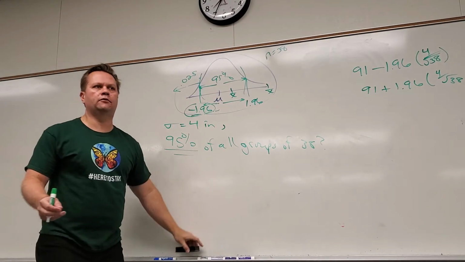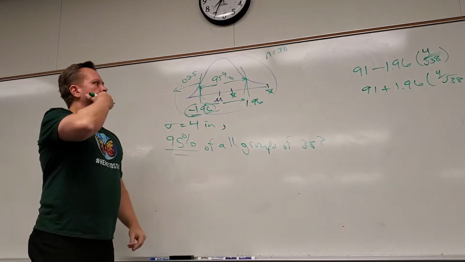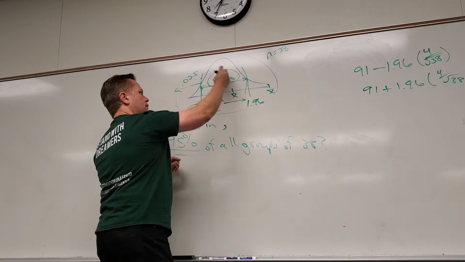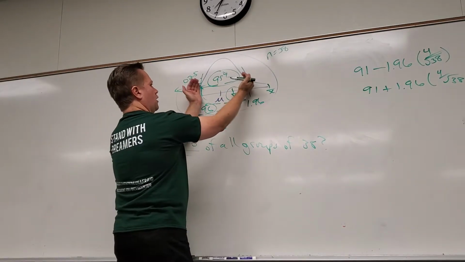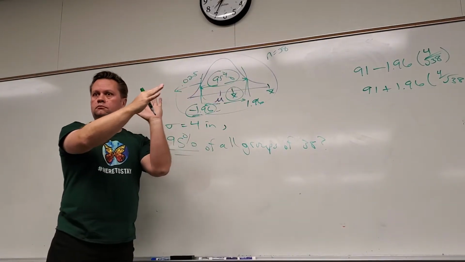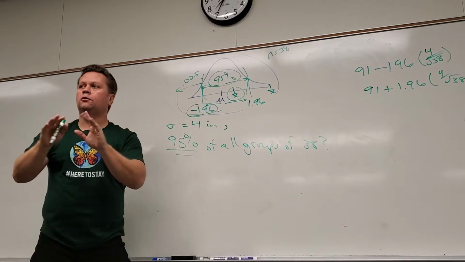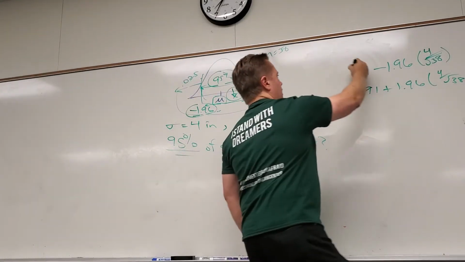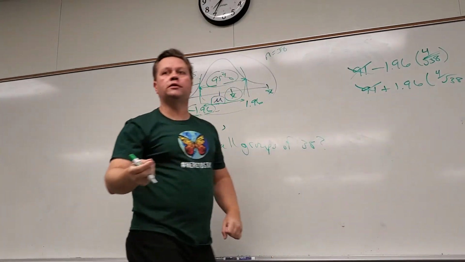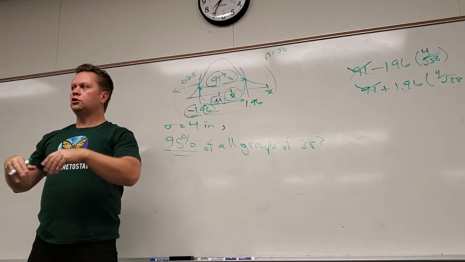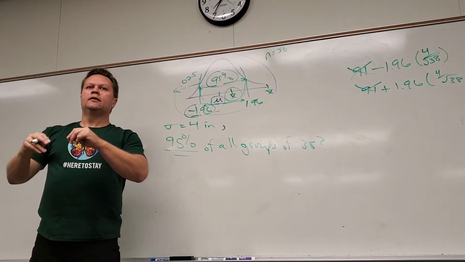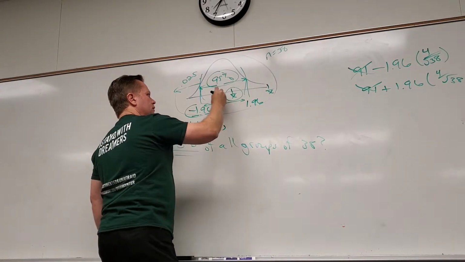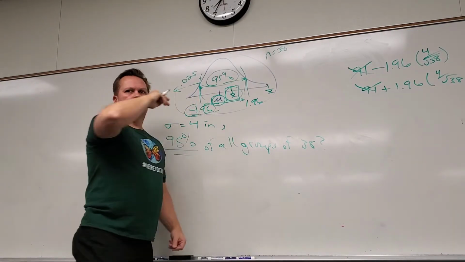Okay, now here's the step that I really want you guys to be with me. You guys agree that 95% of the time when I get a sample mean, it should fall in there, right? But what is it in reality? In reality, we don't know what that is. In reality, I can't do this because I don't know what that is. So what we do instead is, instead of making an interval around this, we make an interval around this.